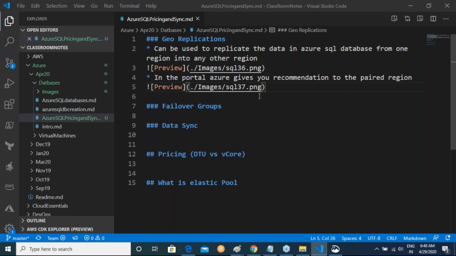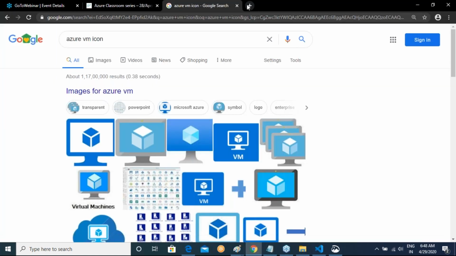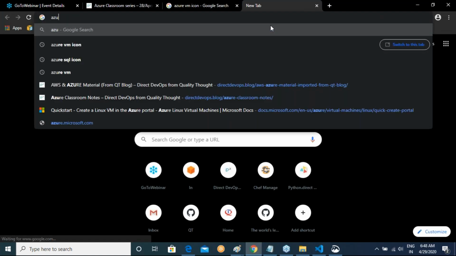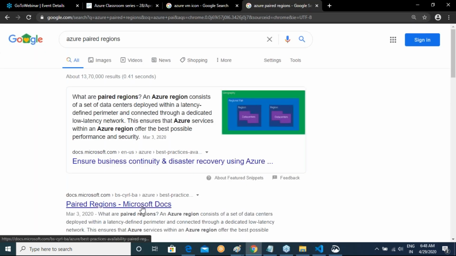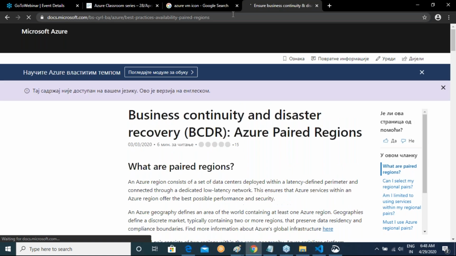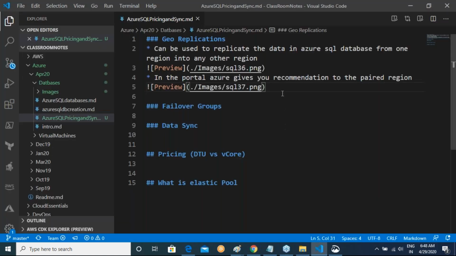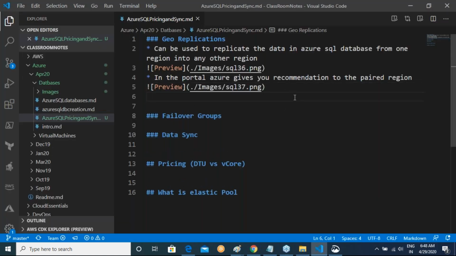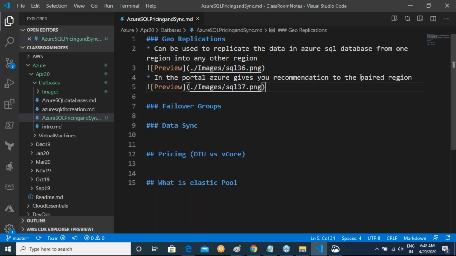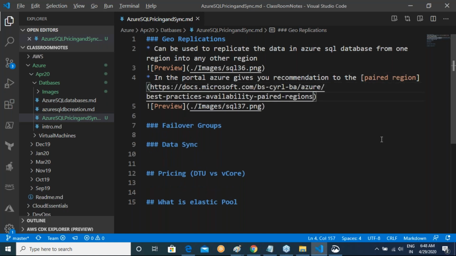Paired regions are any two regions in Azure, generally in one country, which have better connectivity. Whenever you are looking at disaster recovery in Azure, you need to understand this paired region concept.